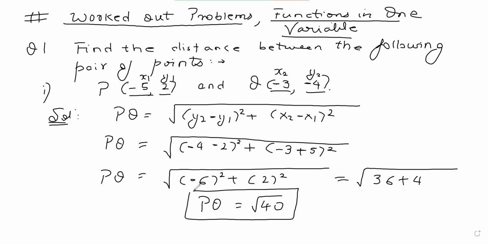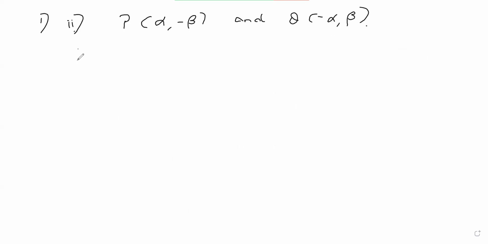Okay, so I hope students have understood this. Then let's move to the next part. Question 1, part 2. We are given the points P, alpha, minus beta, and we are given another point Q, which is minus alpha comma beta. How do I find the distance PQ? This is x1, y1, x2, y2.